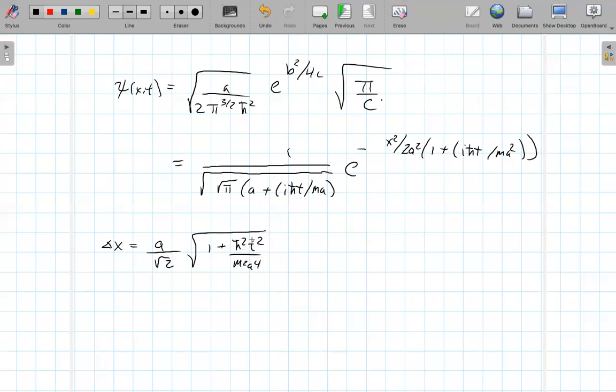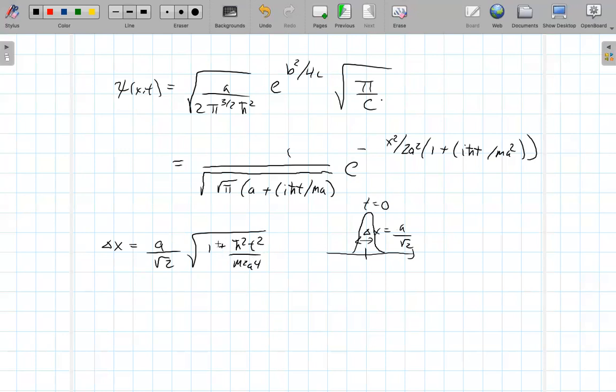So let's talk about this. What this says is that as time goes off to infinity, the uncertainty, or the width of this Gaussian, is going to delocalize. Initially this has some width delta x equal to a divided by the square root of 2 at t equals 0.